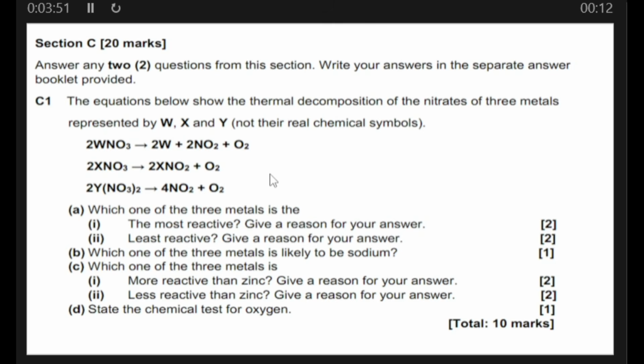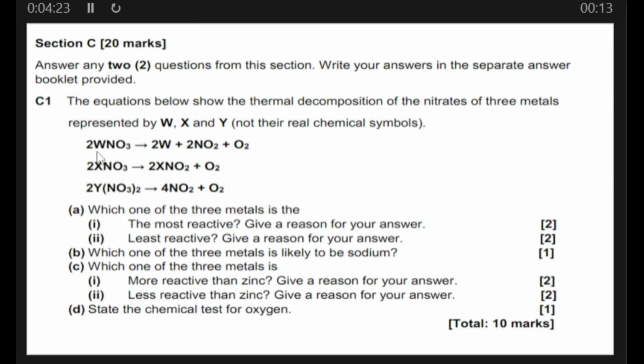So now, having that in mind, we eliminate this equation because this one is really wrong. On the other two, which one represents decomposition of a nitrate of a most reactive metal? It is equation number 2, because it contains the metal nitrate which is being heated to give us the metal nitrite plus oxygen.